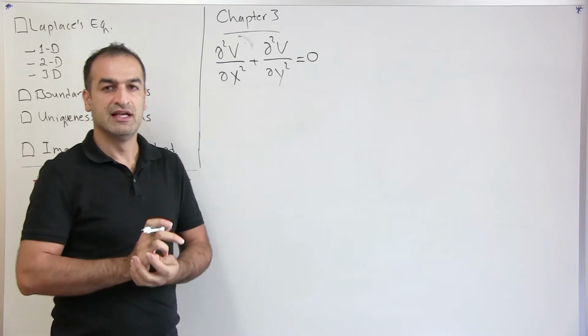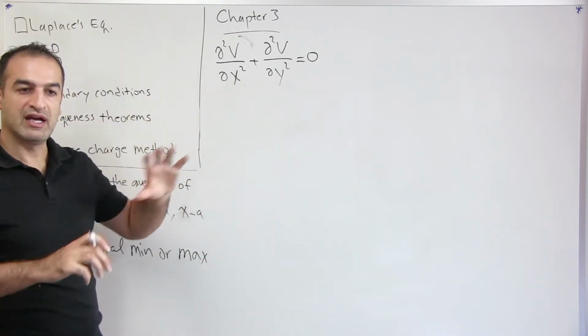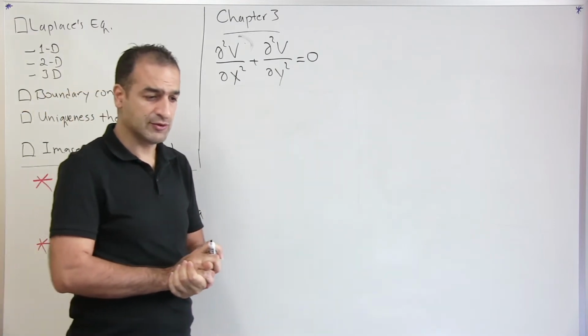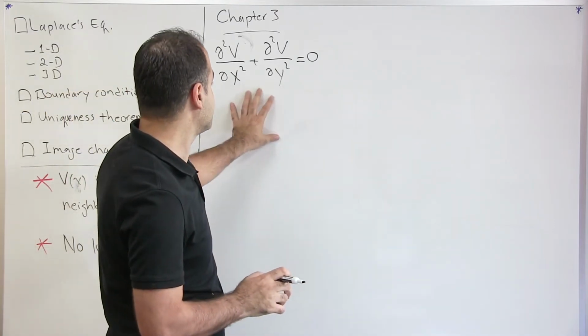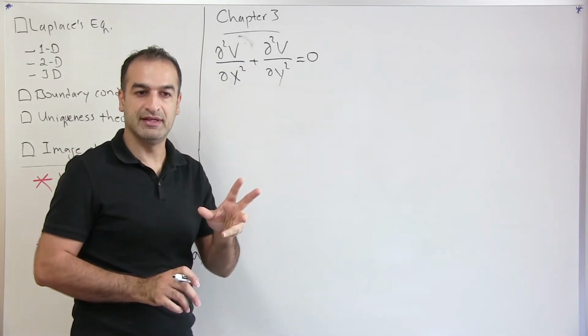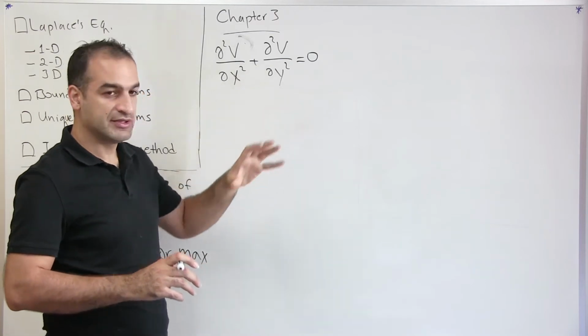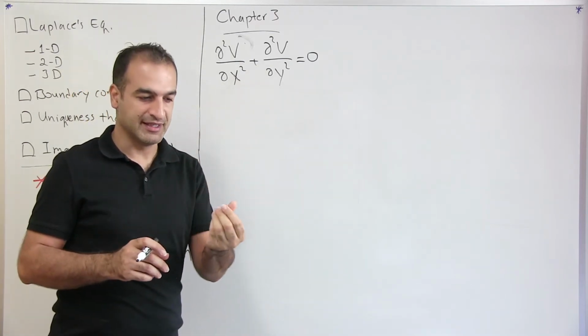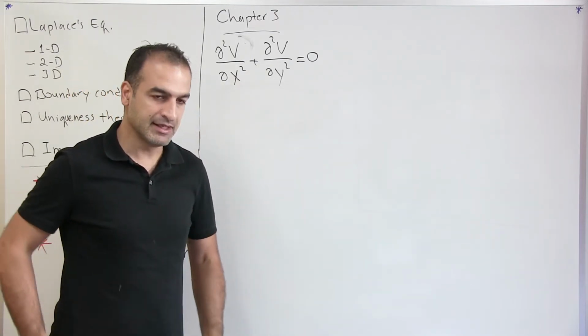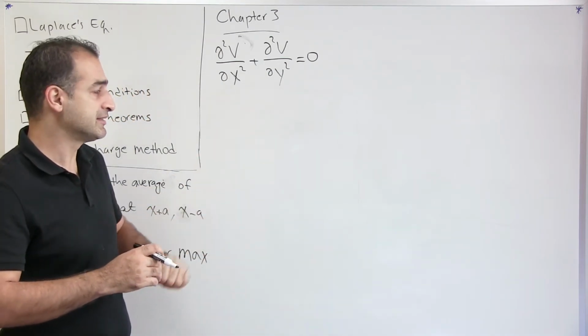So solving this really depends on what kind of boundary conditions you have and how you want to fit that. I'm going to discuss that, and I'm going to give you a physical example where the solution of the Laplace's equation is physically understandable for you, and then based on that, I want to discuss the properties.